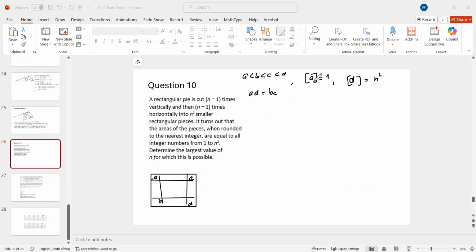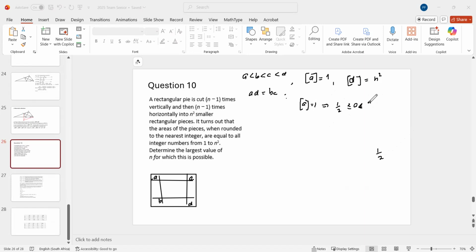Now, to say this greatest integer is 1, this means, not the greatest, the round off. This means that when you round off A, you're going to get 1. If you round off half, it's 1, not 0. You round it off to the next integer. So you could have A equal to half.